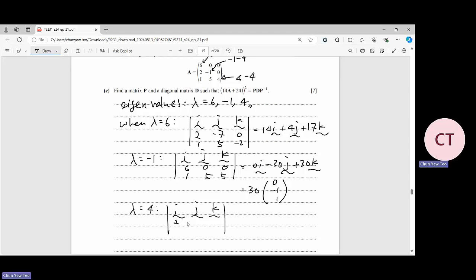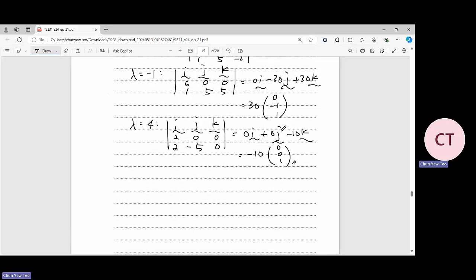The first one will be 2, 0, 0. The second one will be 2, -5, and 0. If you press the calculator, you get 0i plus 0j minus 10k. You can factorize -10 out, and you have 0, 0, 1. So these are all the eigenvectors.